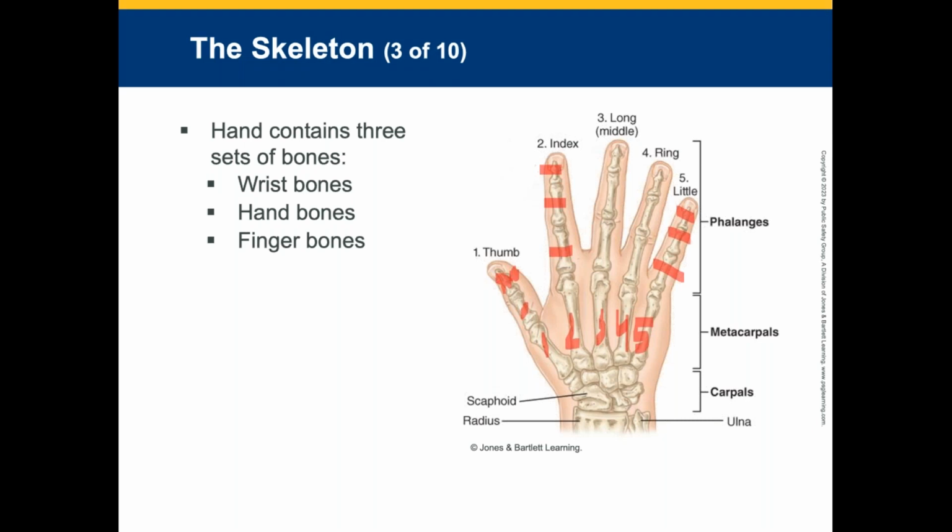So we have carpals, metacarpal 1 through 5, proximal, medial, distal, and the thumb, proximal and distal only. Now in the thumb, there's a joint that sits right here. What is that joint called?